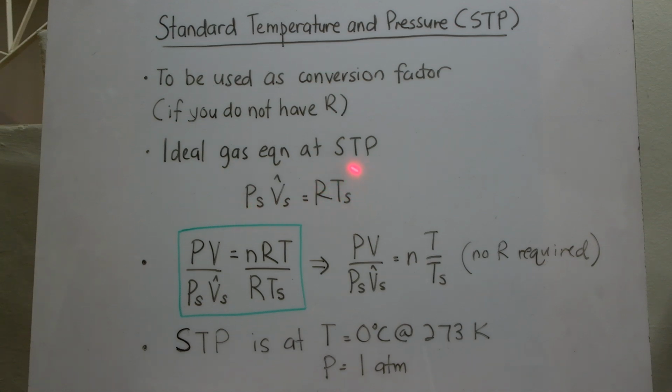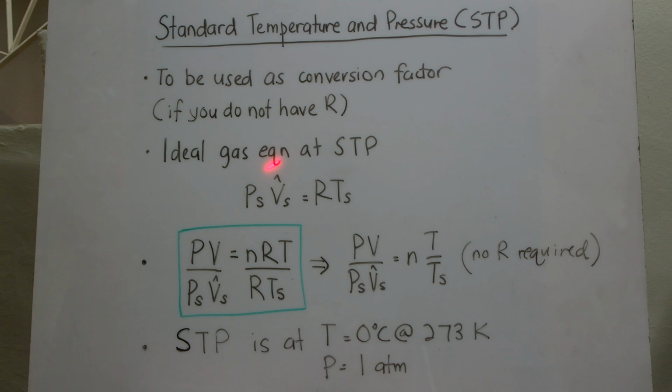Okay, so this is the equation of ideal gas in terms of STP. STP means the condition of the gas is at T equals 0 degrees Celsius or 273 Kelvin, and P is at 1 atm. But in your textbook, in your table, there is complete STP information for you.